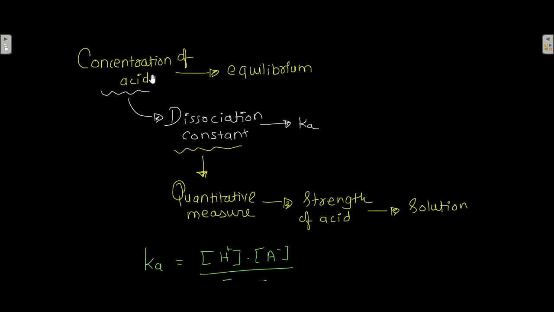Now the constant at which equilibrium takes place is known as the dissociation constant Ka. And this dissociation constant is a quantitative measure of the strength of an acid in a solution. So if you want to find out the strength of a particular acid, then you should look at its dissociation constant.